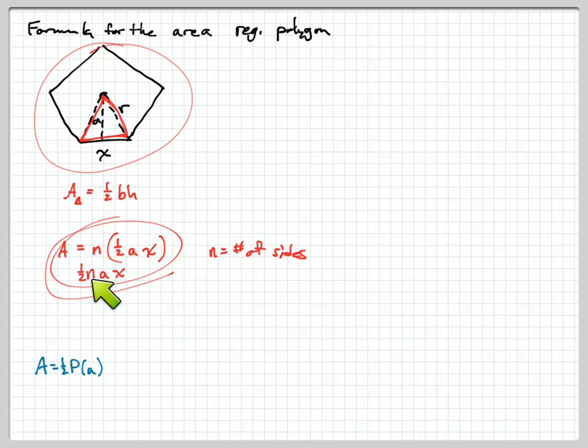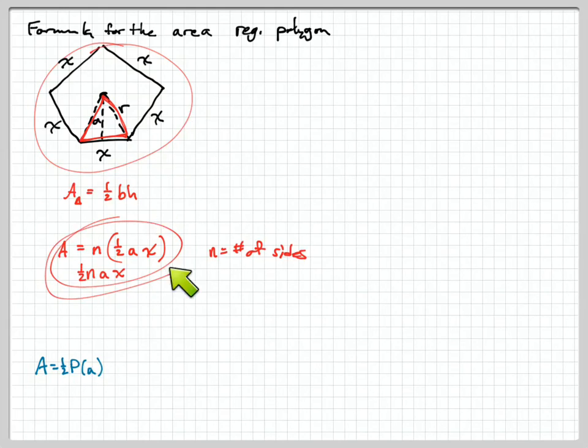What is n times x going to give us? If x is right here and there's 5 x's, 1, 2, 3, 4, 5, that would give you the perimeter. So n times x actually gives you the perimeter. That's why you can just say 1/2 the perimeter times the apothem.